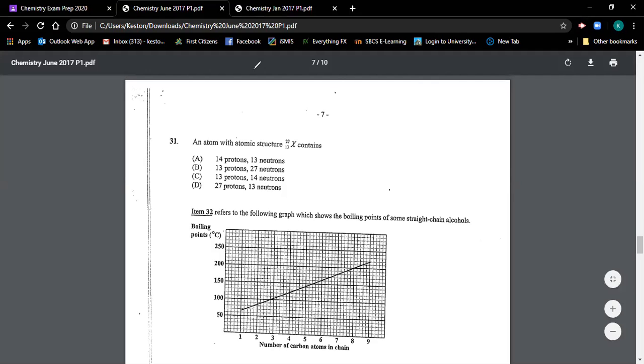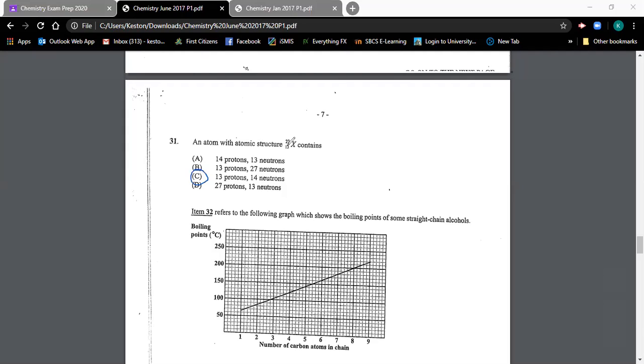31. An atom with atomic structure 27, 13, X contains what? So A has 14 protons, 13 neutrons. That doesn't sound too correct. Neither does B, neither does D. So yes, Navin, I'd agree with you there. C, 13 protons, because that's my proton number, and the difference between these two should tell me the number of neutrons.